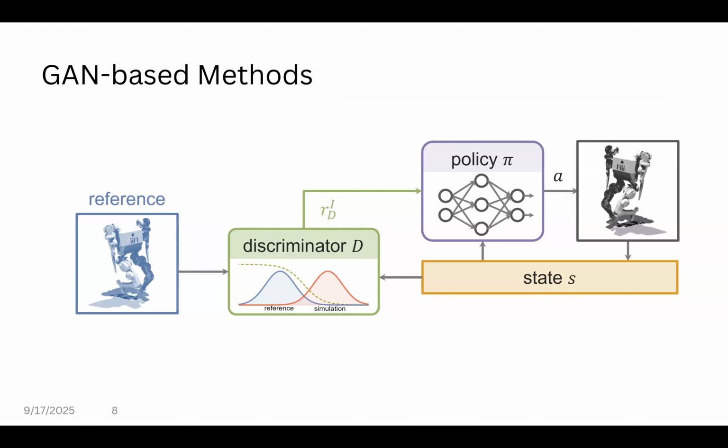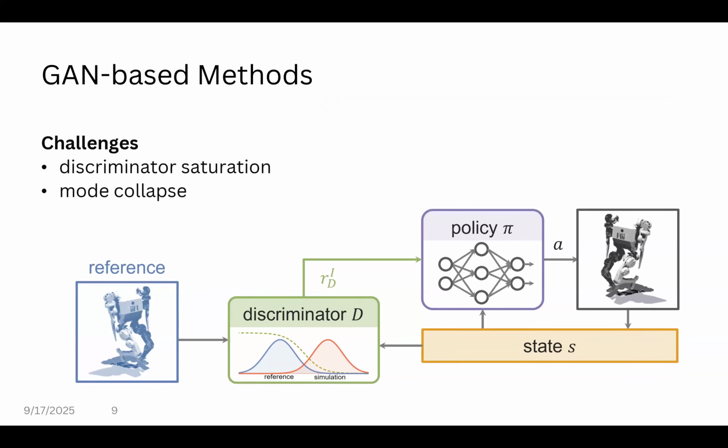That's great. The key advantage here is that since the discriminator is comparing two distributions, it's not matching frame by frame as we talked about before. So this really scales to larger data sets with different kinds of motions. You don't have to deal with the synchronization, the motion embedding, etc.